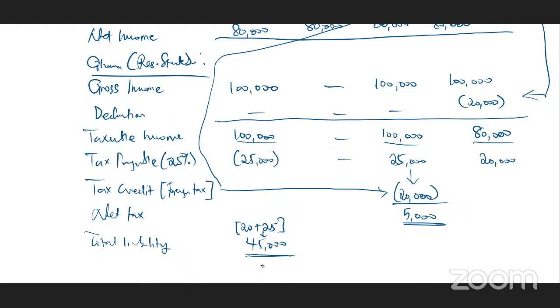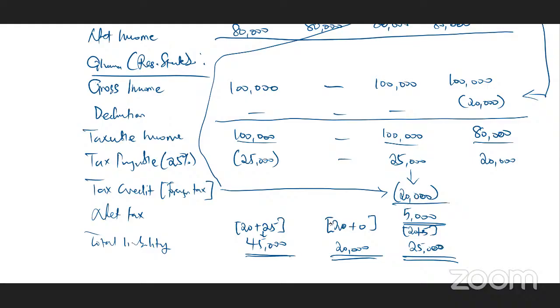Now, under the exemption method, he paid 20 in the UK and paid nothing in Ghana, so his total tax liability is just 20,000. Under the credit method, he paid 20,000 in the UK and came to pay 5,000 in Ghana, making his total tax liability 25,000.